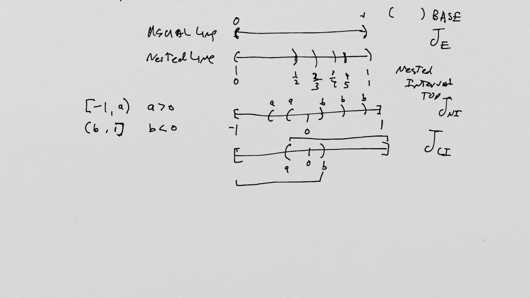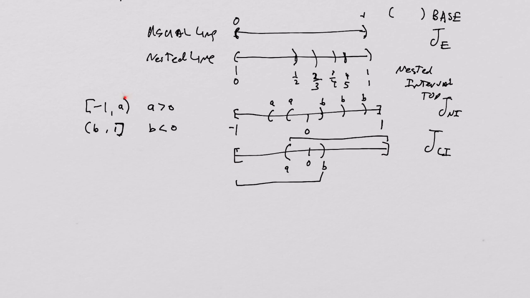Let's look at the union question first. If I take the union of any two of these, what's going to happen? Well, the B is going to go from -1 to B, right? And B is always greater than 0, and the A is going to go from +1 down to A, where A is less than 0. And you'll notice the union of this is always going to include the entire set.